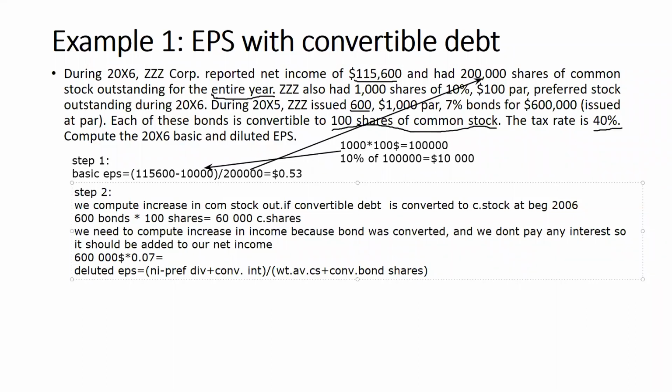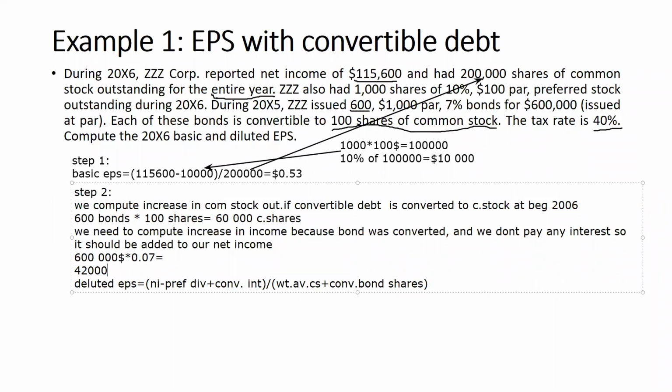So how much do we get? Let me calculate. It's 42,000. Okay, this much we get.